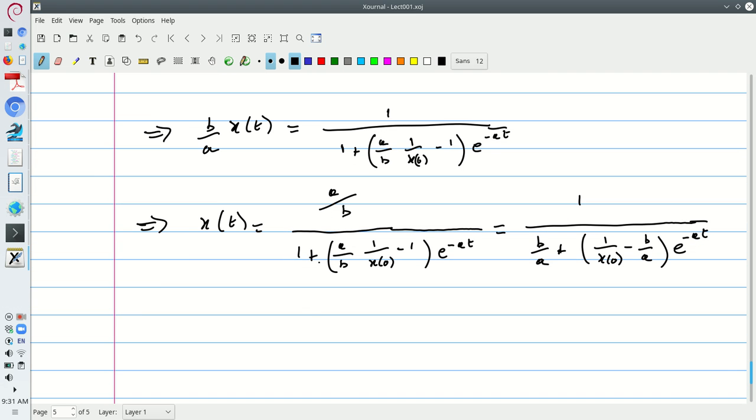And so, as a check, as a test to see if this expression is correct, let's verify that for b that goes to 0 we get the Malthus solution.